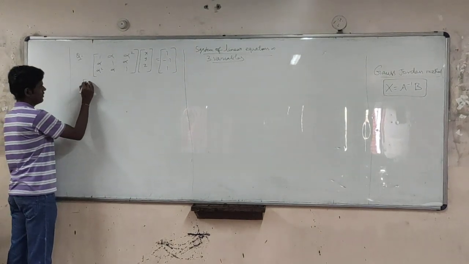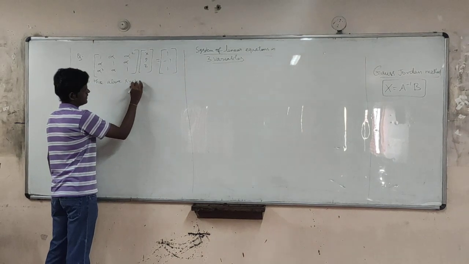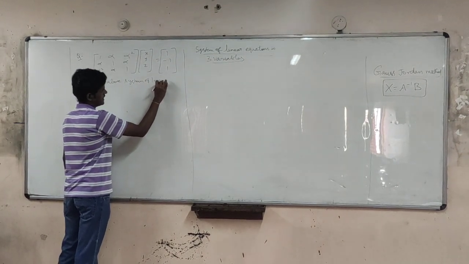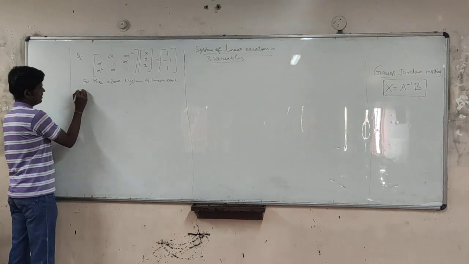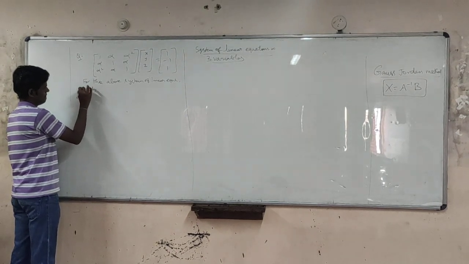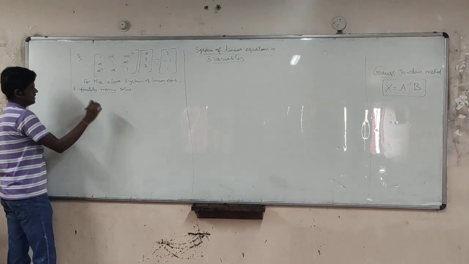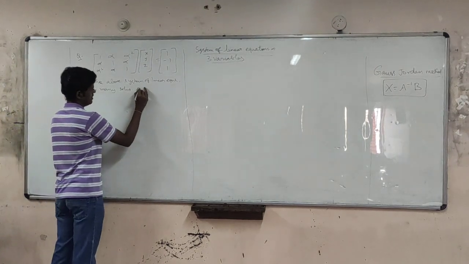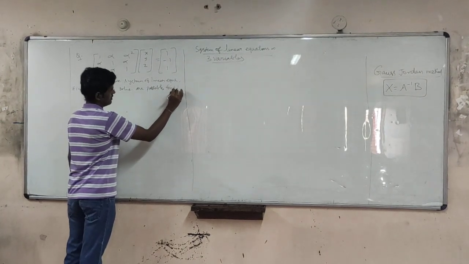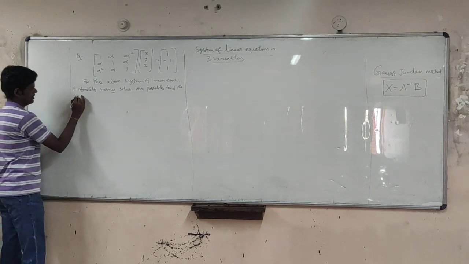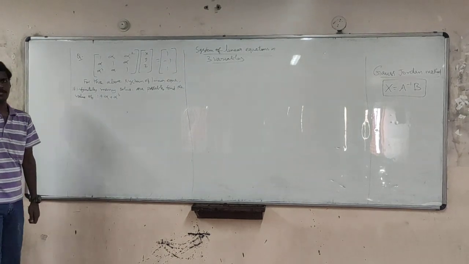For the above system of linear equations, find when infinitely many solutions are possible, and if infinitely many solutions are possible, find the value of 1 plus alpha plus alpha square.